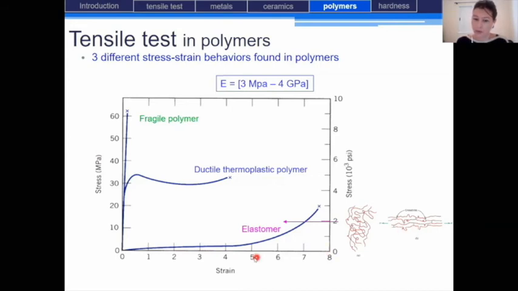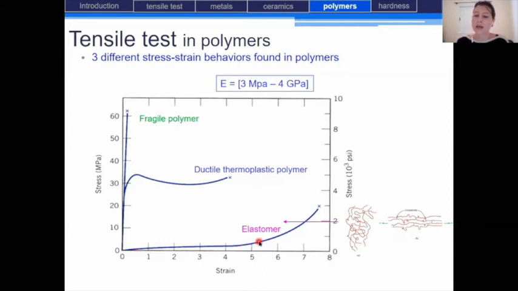So a relatively low load or low stress is necessary to deform and align these chains.